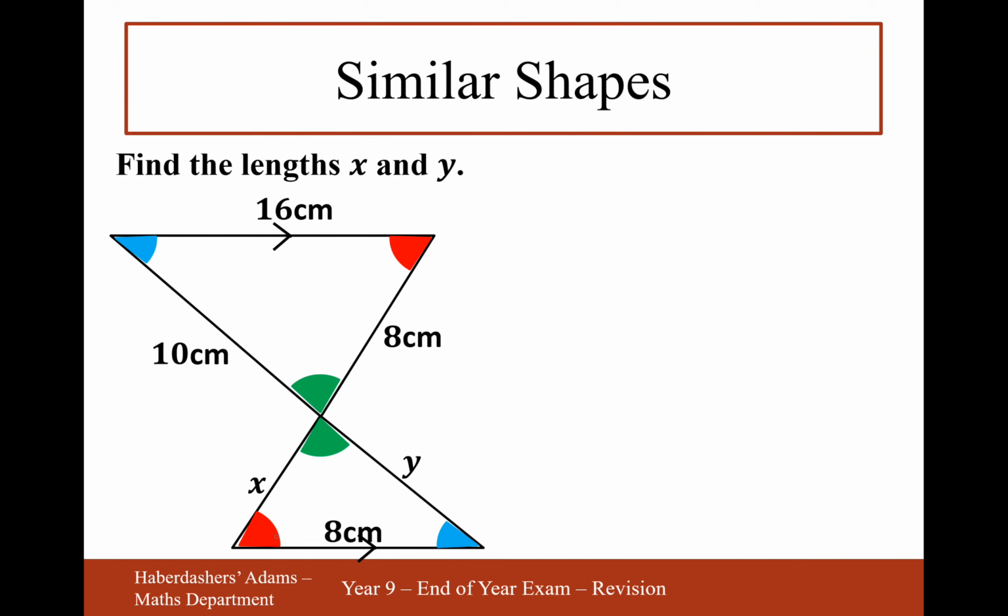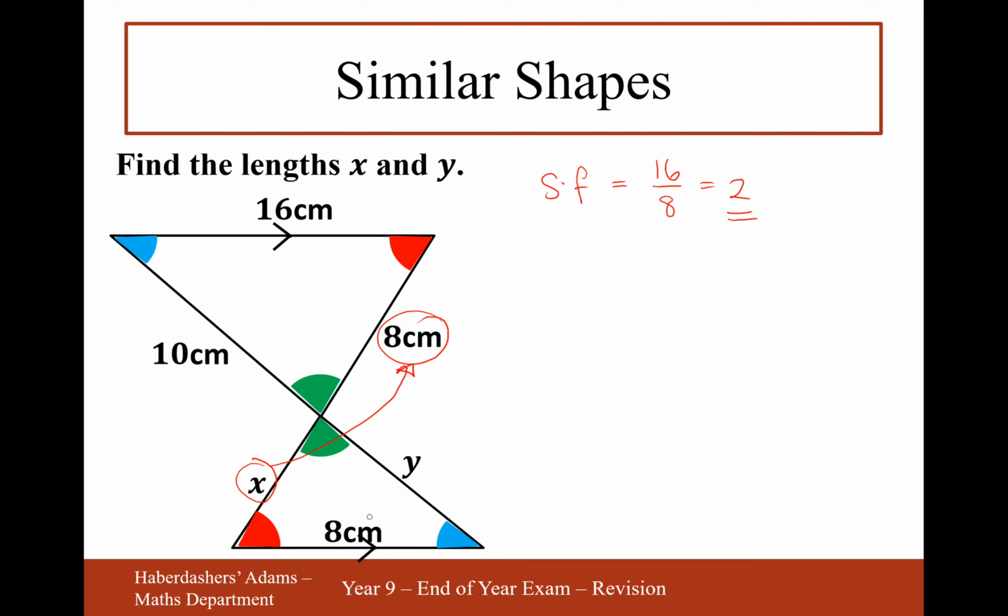What we'll spot is that the sides in between the blue and the red angles must be equal. So the scale factor here is 16 divided by 8, which is 2. So the scale factor from one triangle to the other is 2.